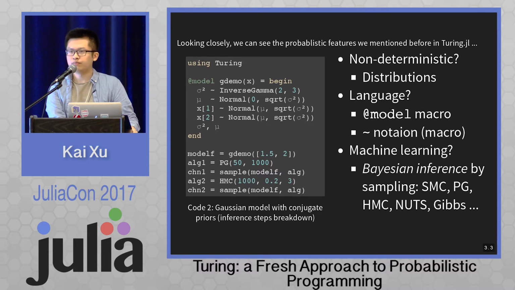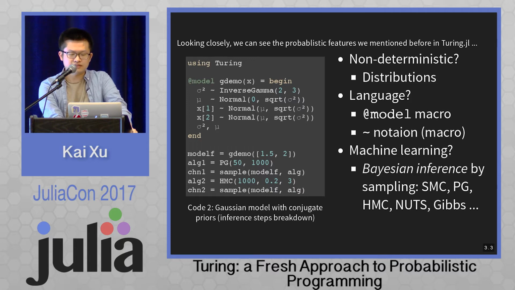We have basically two macros in Turing. This model macro will wrap a function definition, and inside the function definition, you can use this tilde notation to say a variable is distributed from a distribution. So in Turing, you can define a model like this, and then you can do machine learning. To be more specific, you can do Bayesian inference by sampling methods.